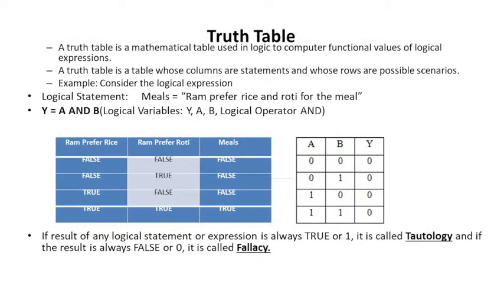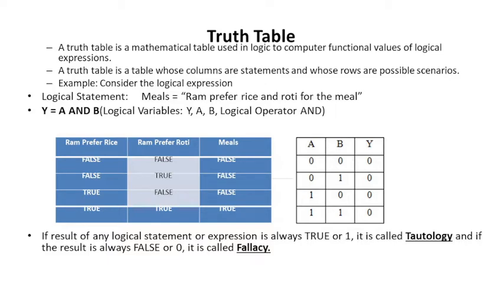Next heading is truth table. A truth table is a mathematical table used in logic to compute the functional values of logical expressions. A truth table is a table whose columns are statements and whose rows are possible scenarios.